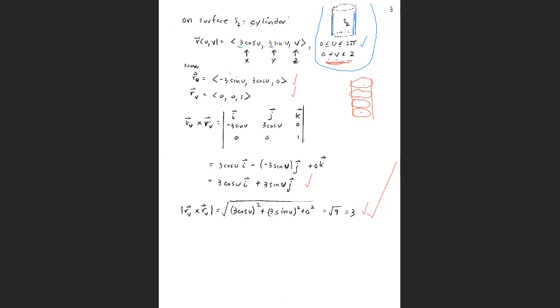Okay, so now, are we ready to move to the next page? Are there any questions?